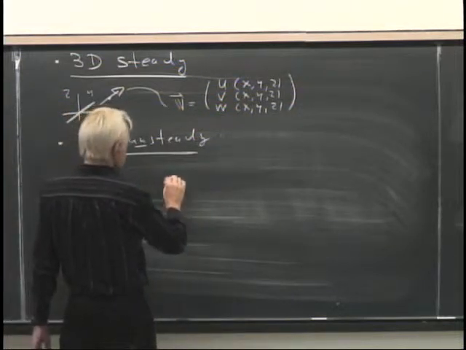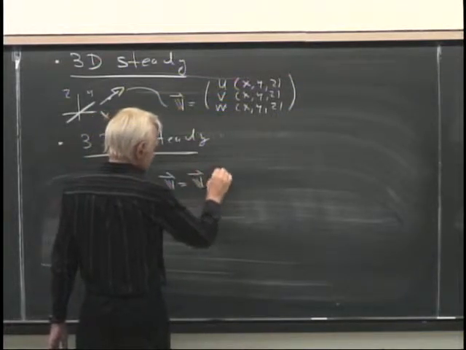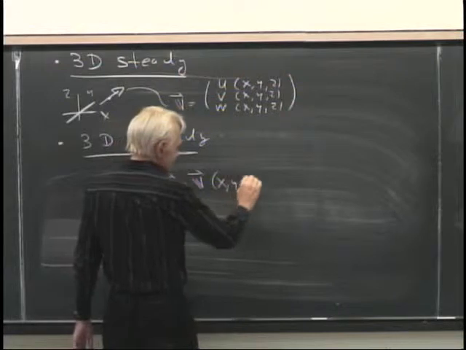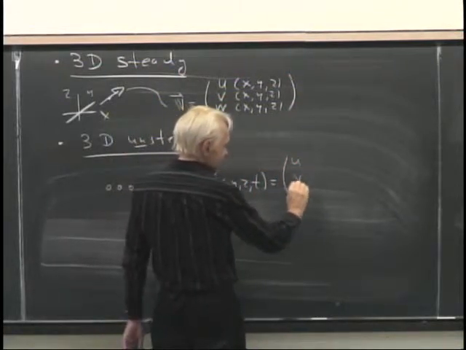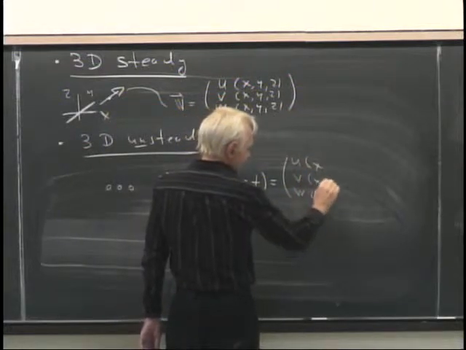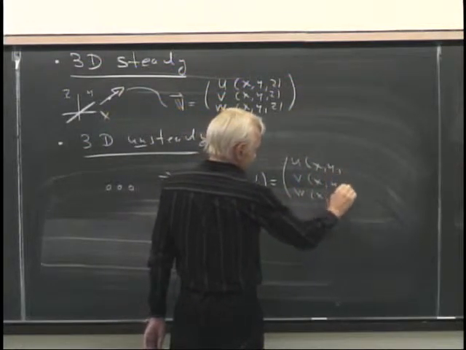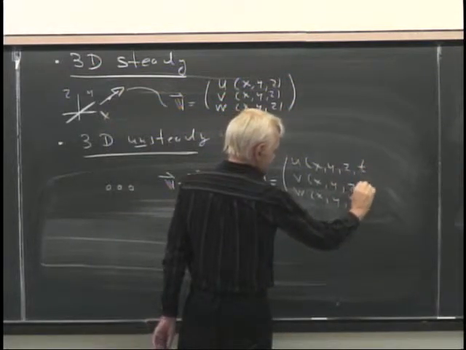So we have a vector field depending on x, y, z, and time, which is u, v, w based on x, y, z, and time.